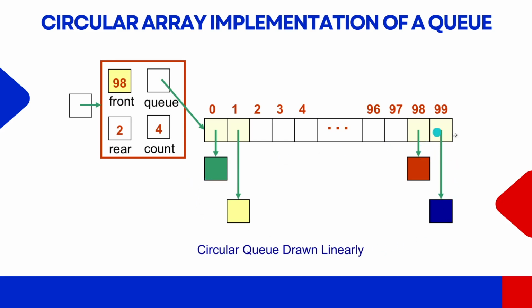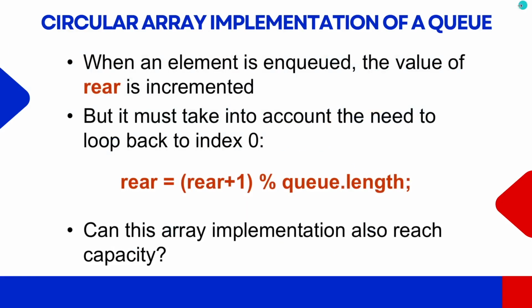Here the array wraps up to the initial position 0, and hence the name circular array. Rear is at location 2, which means this is the next available free slot for a new element to get added to this queue implementation.